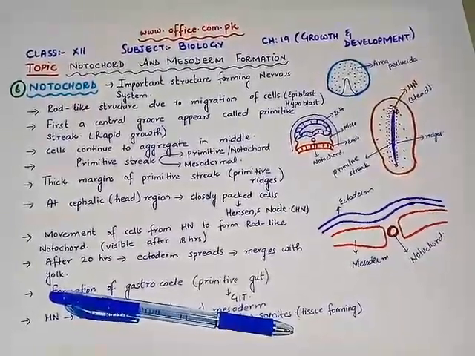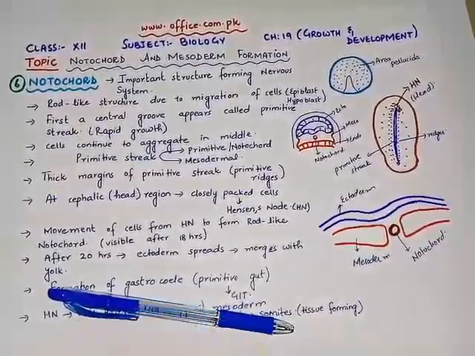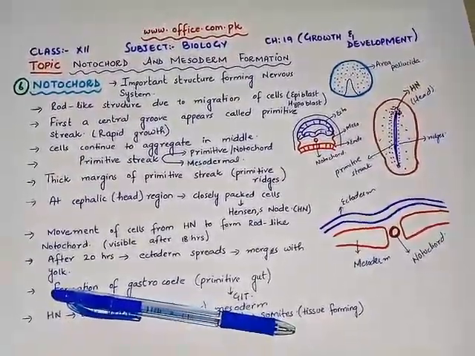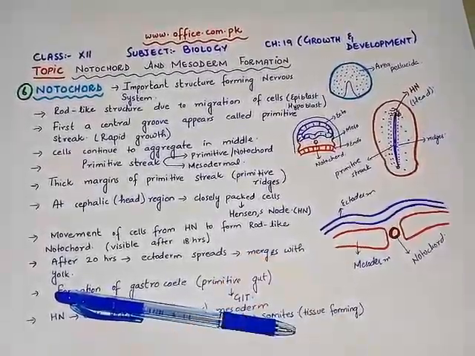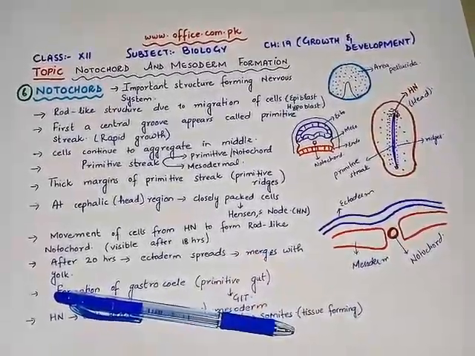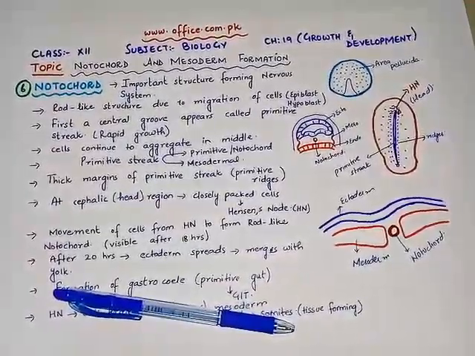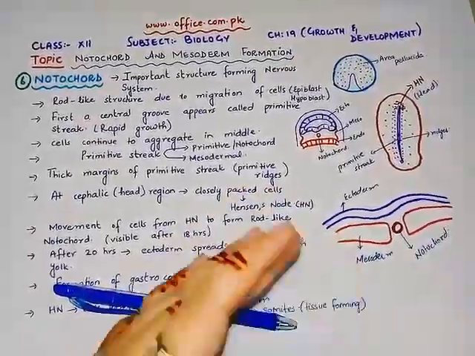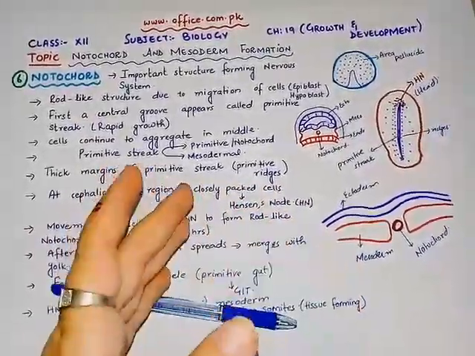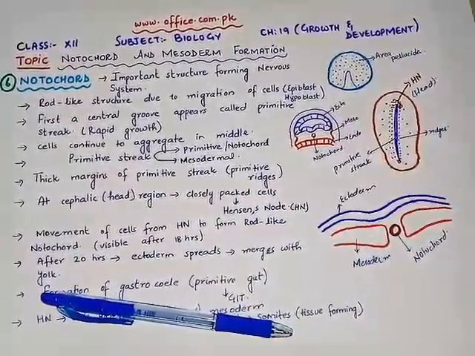Number 2 is the cleavage or repetitive mitotic division. Number 3 was the morula stage, which is nothing but a ball of blastomeres or cells. And the fourth one was the blastula stage, in which the cells arrange themselves in the form of blastoderm and give rise to a cavity known as blastocele.